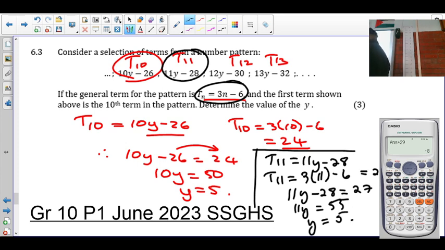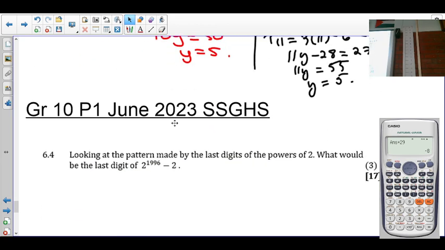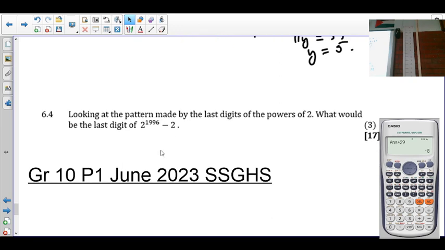Divided by 11, y is equal to 5. Or I could have gone with T12 or T13, which should all give you an answer of 5. Either one would get you the 3 marks. I think that's a nice question.